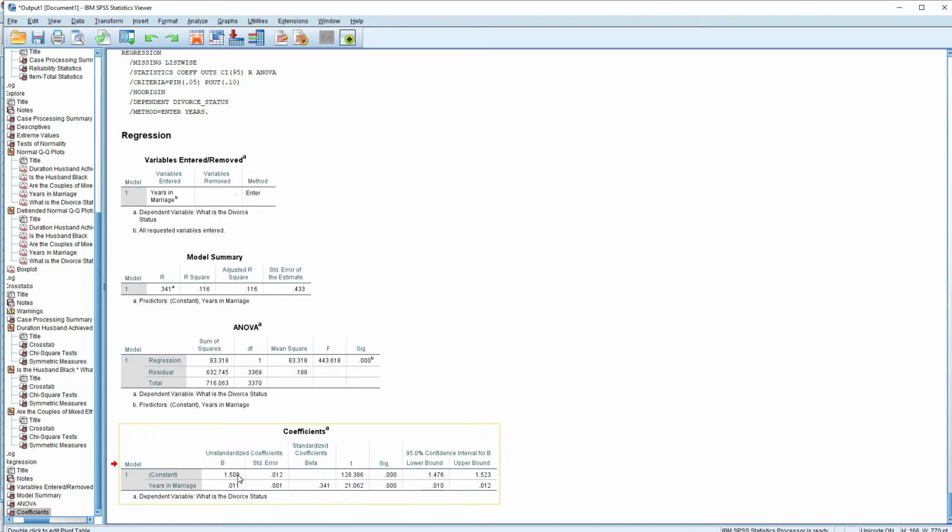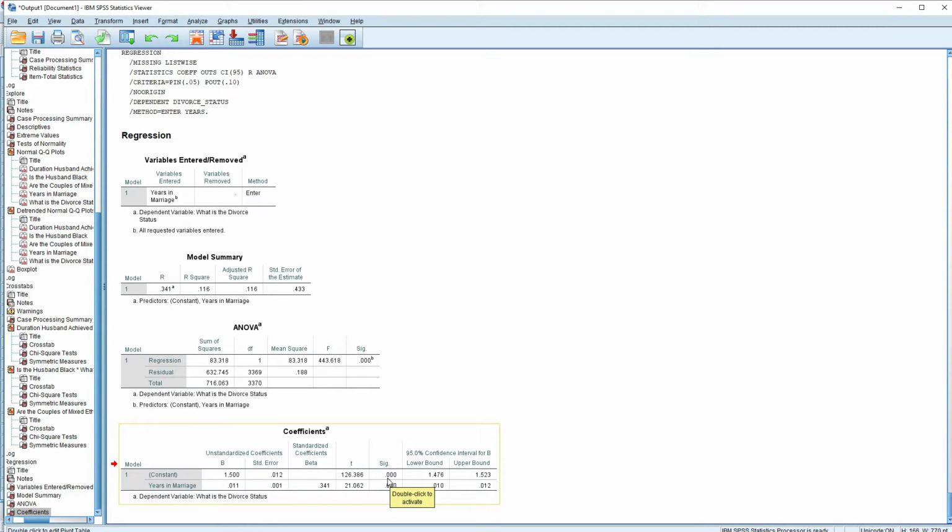The constant is 1.5, while the unstandardized beta value is 0.011. And also, we need to check the sig value, the significant value. So the sig value indicates that the value is 0.000, indicating that it is lower than 5%. It is lower than 0.05.